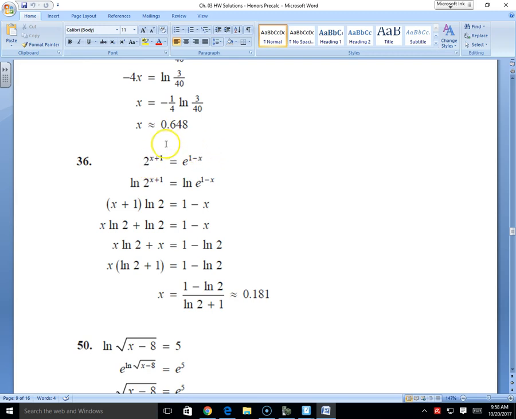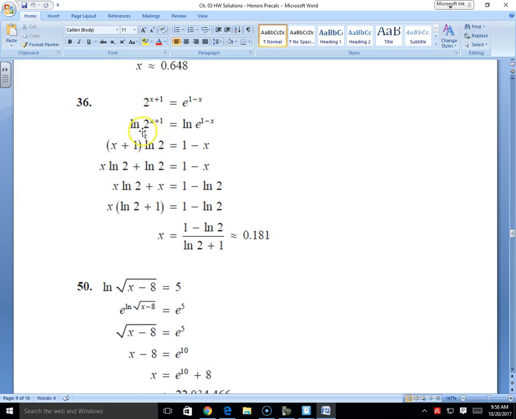Number 36, the bases don't match. Did we do an example in notes like number 36? Yes, just ours had a 2 and a 3. You should have your notes close when you do your homework, and if you don't, shame on you. Why do you think we take them? ln of both sides would have been a great idea. Pull down your power. Distribute just like we did in class. Move everything without x's to one side, everything with x's to the other side.